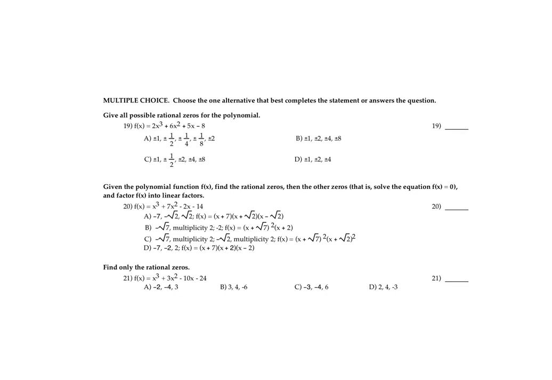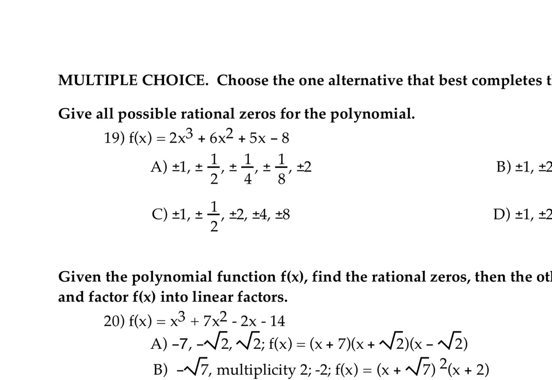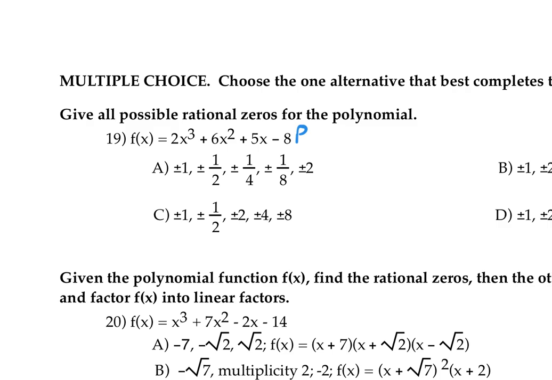Okay, last page here. Number 19, list out all the possible rational zeros. So this is what we talked about yesterday. This is my p-value. This is my q-value. So p is all the factors of 8.